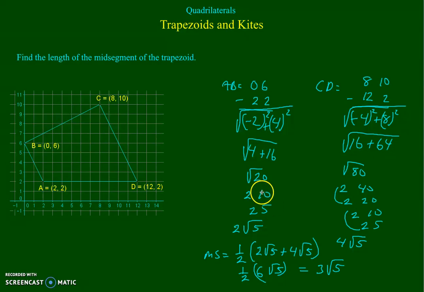In case this slipped by you, this is just a prime factor tree. I just took all the prime factors of 20, 2, 2, and 5, and the prime factors of 80, 2, 2, 2, 2, and 5. And every pair of 2's comes out of the radical as one of those 2's. So we had 1, 2, another 2, so that's 2 times 2, which is 4 coming out. All right, let's move on to the next section.